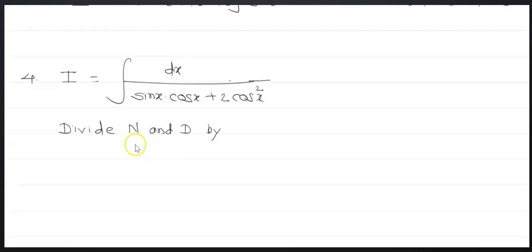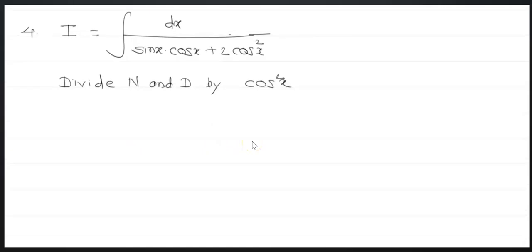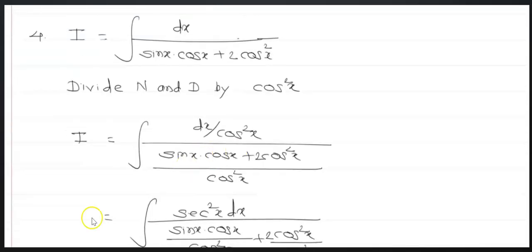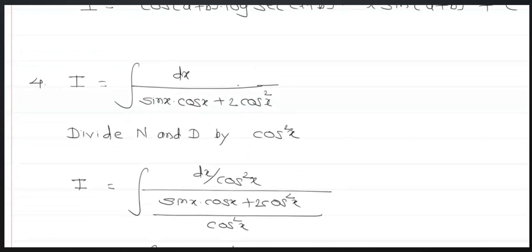Now in this example, we will divide numerator and the denominator by cos square x. Therefore dx upon cos square x, sin x into cos x plus 2 cos square x whole divided by cos square x.